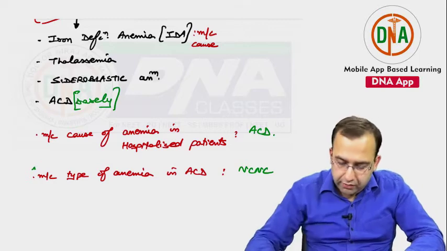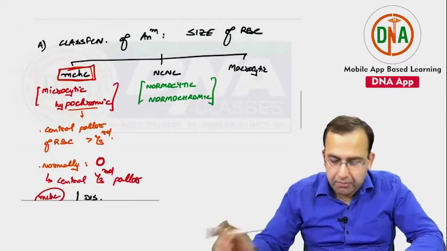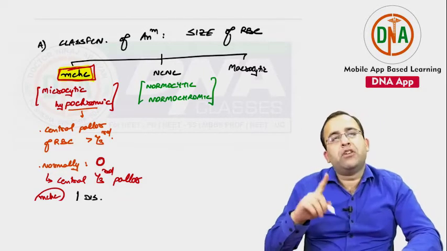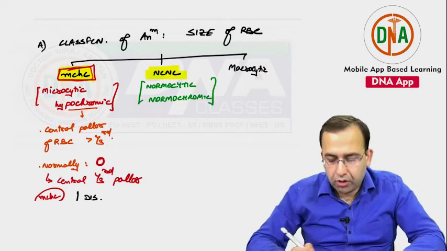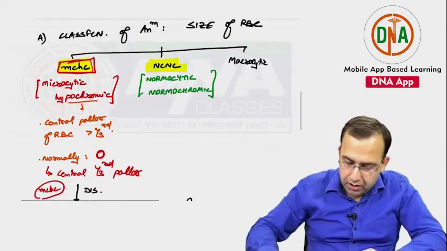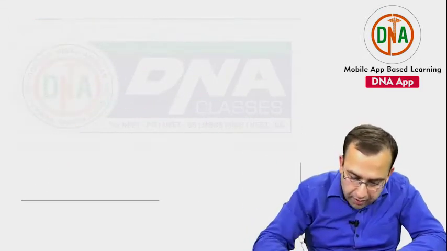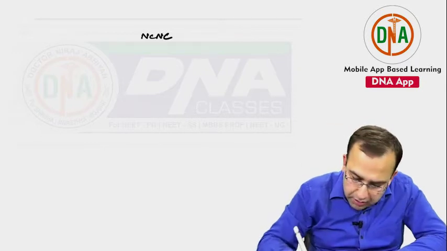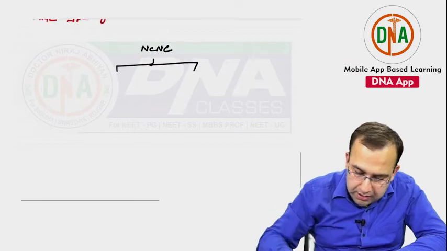So the first way to classify anemia on the basis of size of the RBC is microcytic hypochromic. Next is normocytic normochromic, NCNC. Normocytic normochromic anemias are classified on the basis of retic count. Let me make this table again.